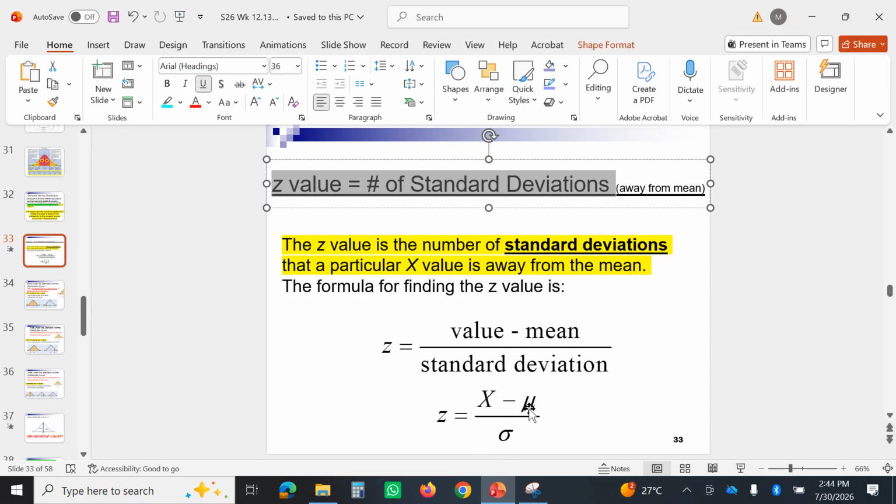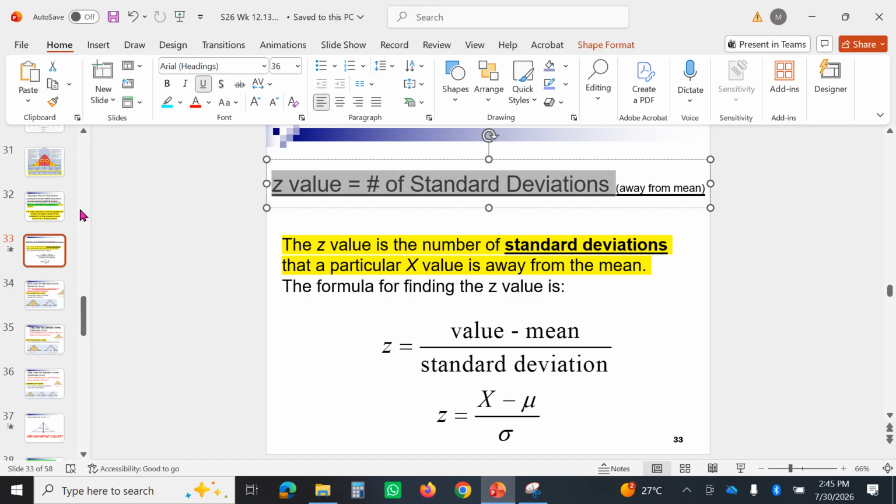Z is equal to x minus mu, all divided by sigma. Again, you're going to calculate these particular questions. We're going to give you the mean. We're going to give you the standard deviation for the most part. We're going to give you the data point, and then you're going to do this and get a value for Z.